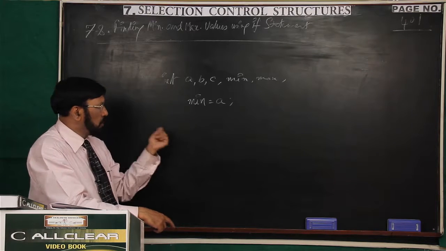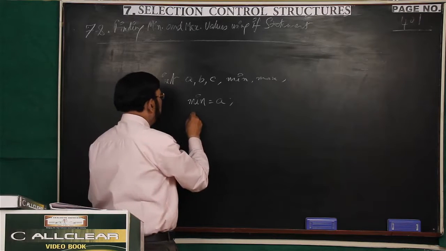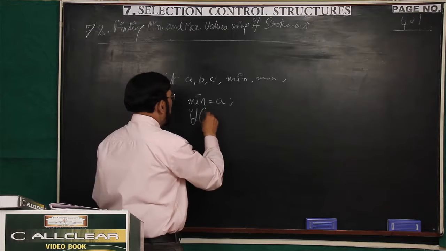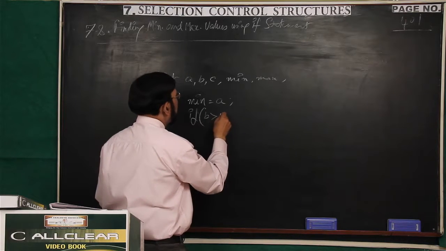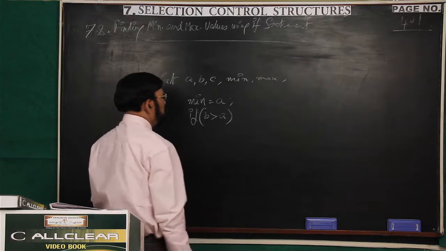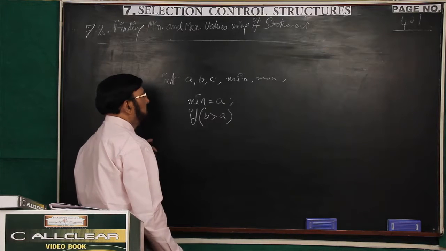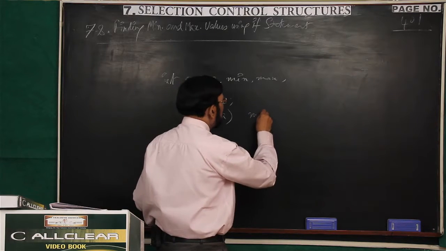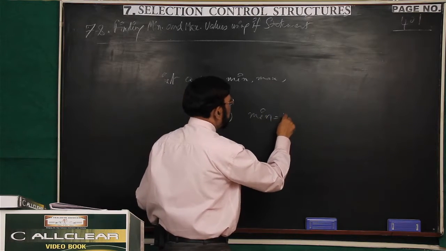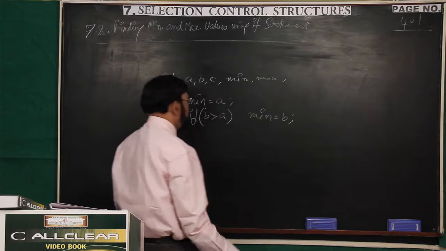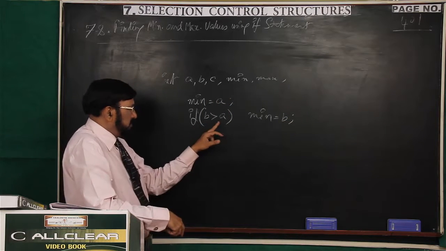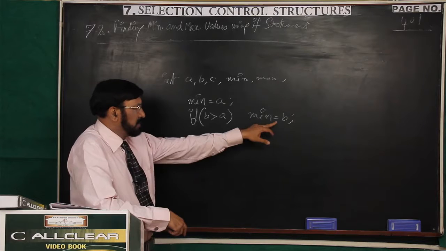It may not be so. When B is min, if B is less than A, then obviously min is B.